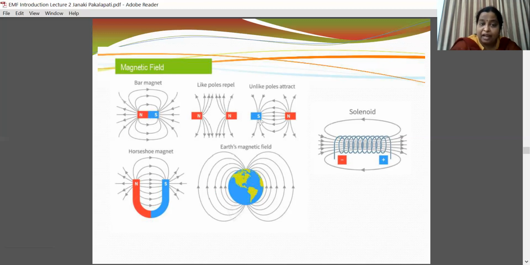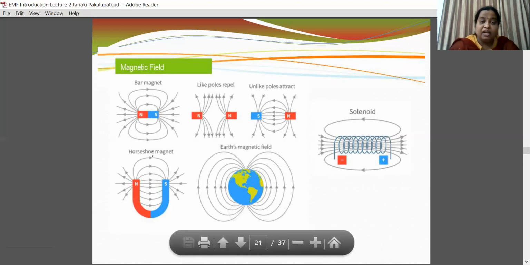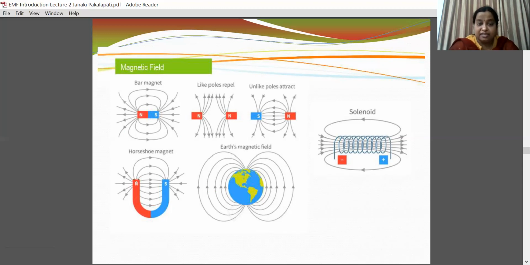And if you take like poles, what happens? Like poles repel each other. It's one of the properties which you already studied in your earlier physics. Unlike poles attract each other. If you consider a horseshoe magnet, this is how it looks. The field lines, based on the property, circulate like this. And this is how the Earth's magnetic field looks like, from north to south.